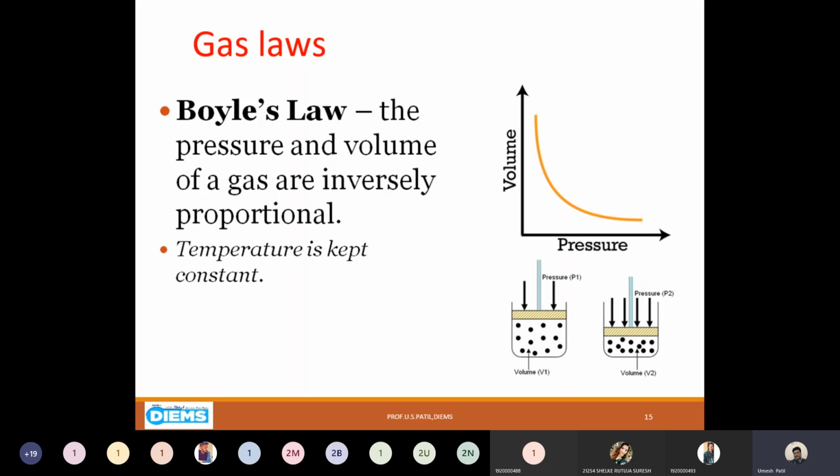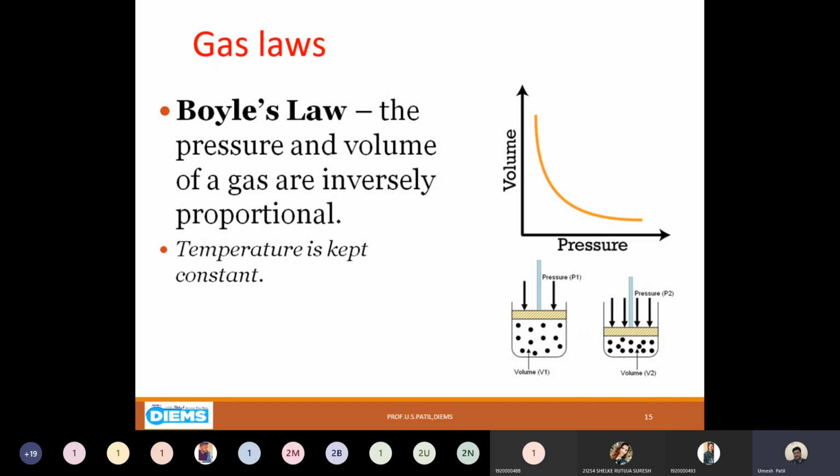Pressure is inversely proportional to volume if the temperature is kept constant. This is the statement of Boyle's law. These gas laws speak about how pressure, volume, and temperature are correlated with each other. So the first law is Boyle's law.